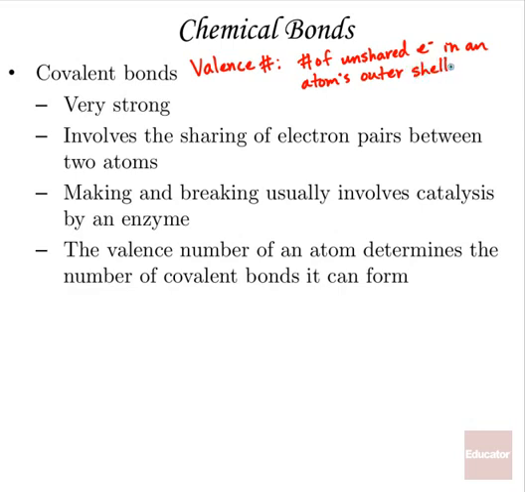So, the common atoms that we are going to see in molecular biology are hydrogen, oxygen, nitrogen, carbon, phosphorus, and sulfur. Okay? So how many valence electrons do each of these have?